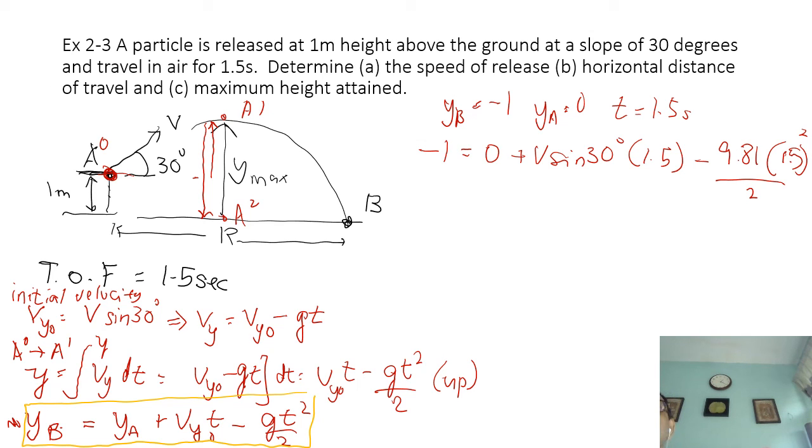By that you know that the initial launch velocity is 13.38 meters per second. So that's the speed of release.